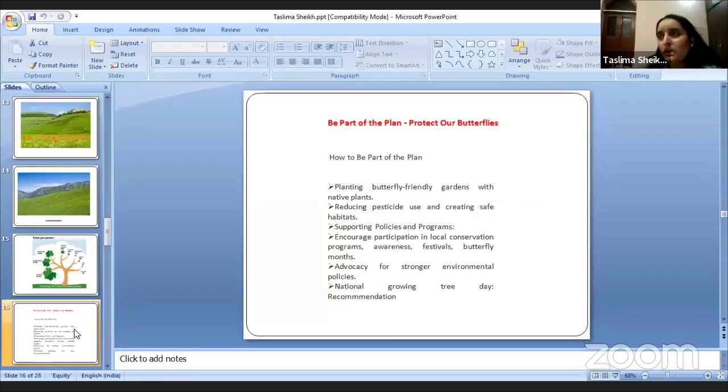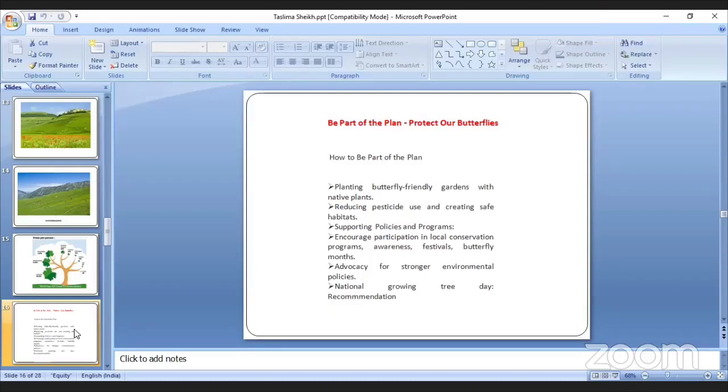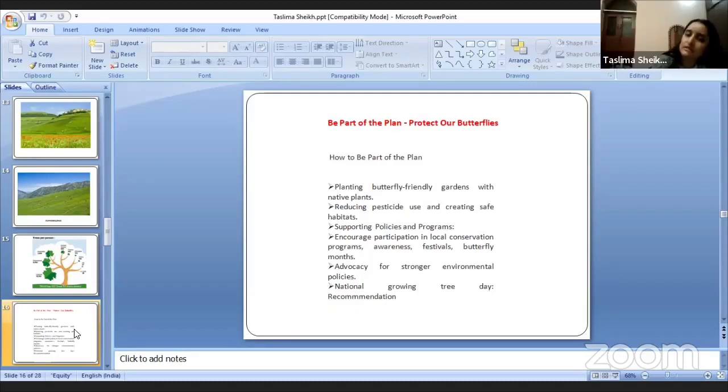And there are many policies and acts, like Schedule 1 and 2 species mentioned under the Wildlife Protection Act. We can support those acts, we can follow those rules, and we can encourage participation in local conservation programs and awareness festivals.